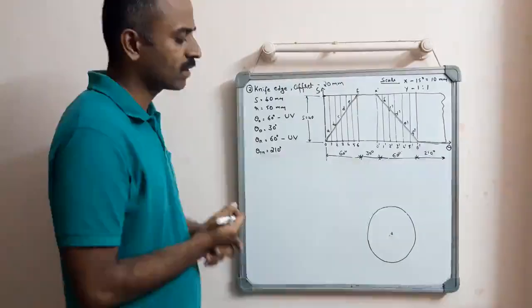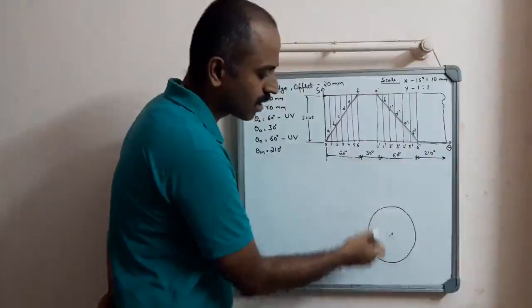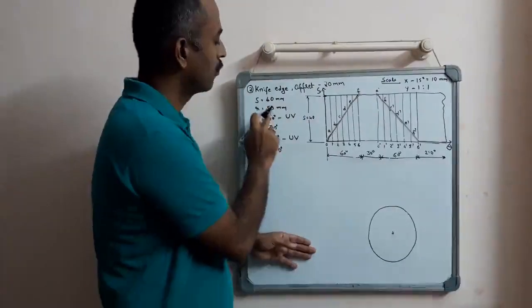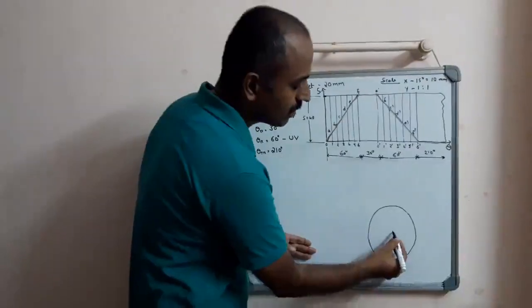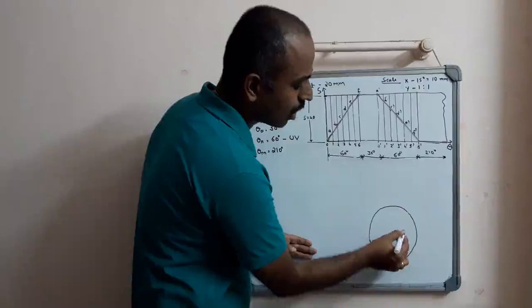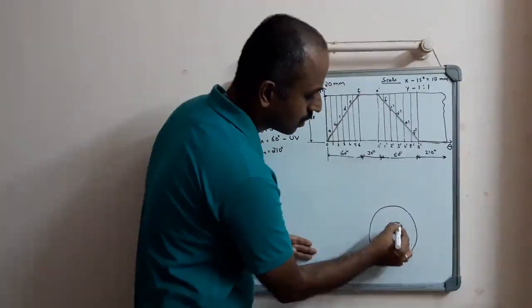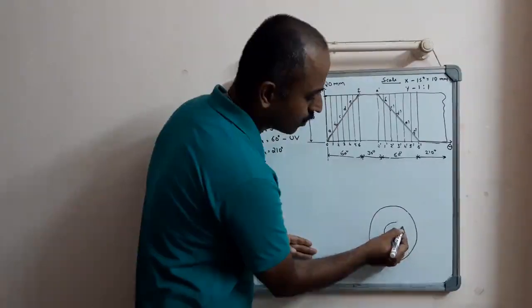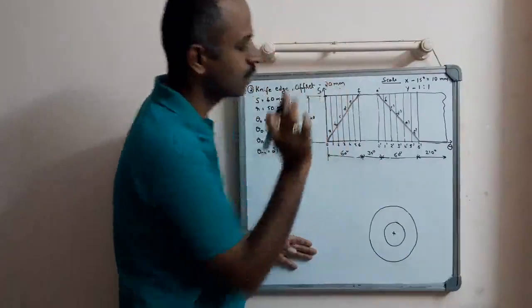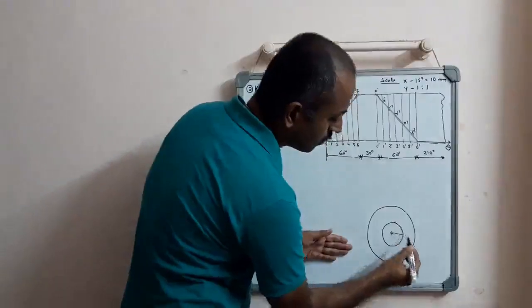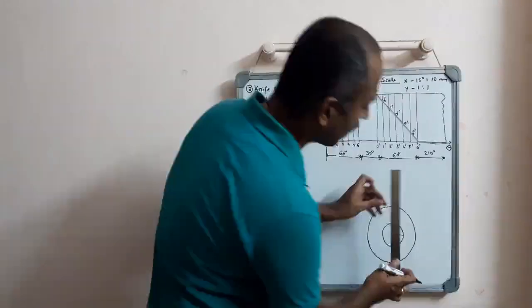So for that, first draw a cam circle of radius 50 mm. Then with the same center, draw an offset circle of radius equal to the offset distance, which is 20 mm. Then draw a vertical line like this.